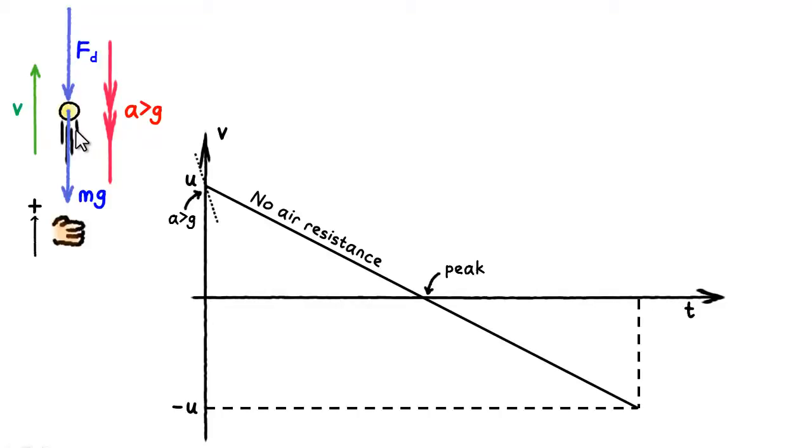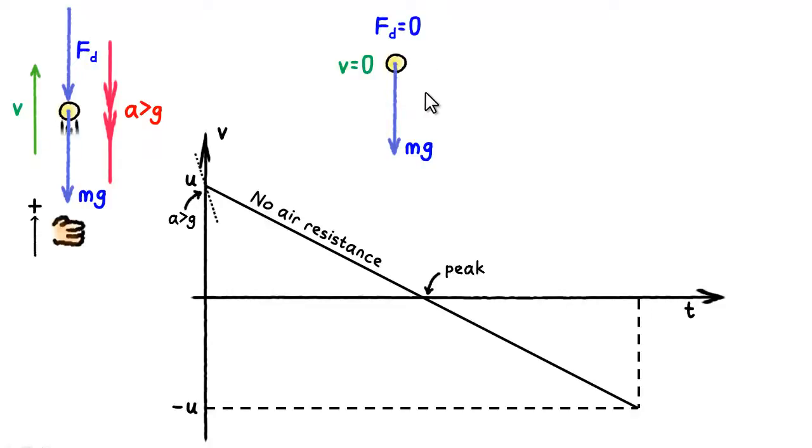Now, as the ball travels upward, it's going to lose speed, and therefore the drag force is going to become smaller and smaller, and the net force is going to approach mg. Does it ever become mg? Yep, it happens when the ball is right at the peak. Right at the peak, the ball is instantaneously at rest. Since it's at rest, it's not pushing against air, so the drag force is 0.